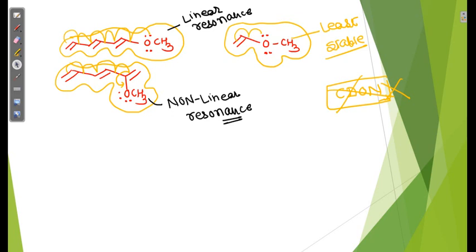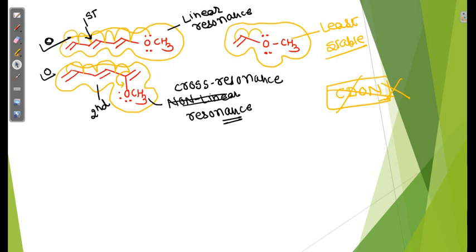So a linear resonance is more stable compared to cross resonance. It is not non-linear, the ideal word is cross resonance. So which is first stable? This is the first stable resonating structure, this is second, and this one is third.